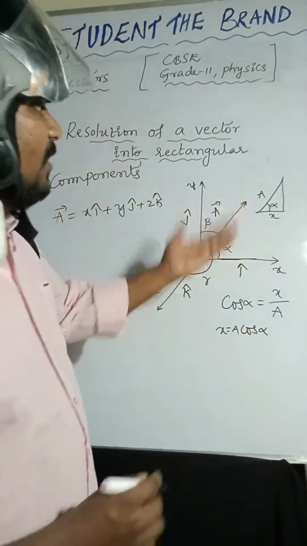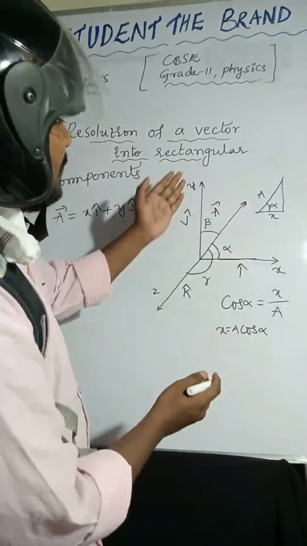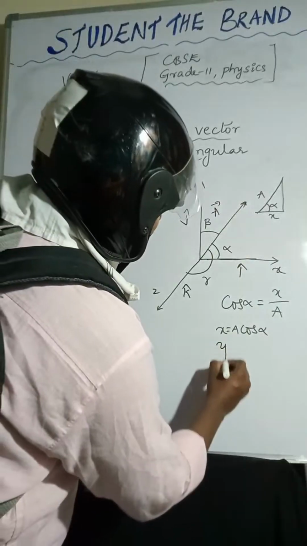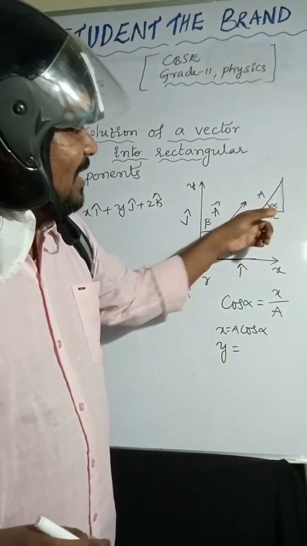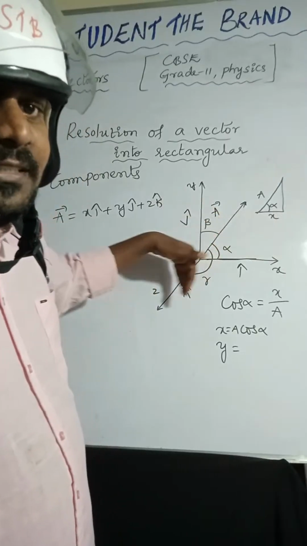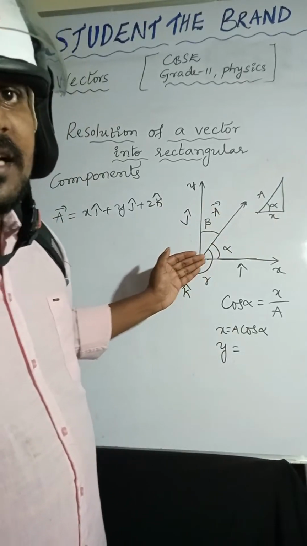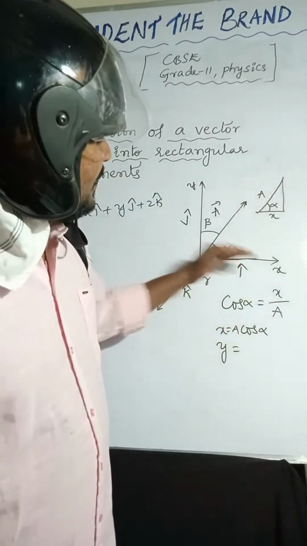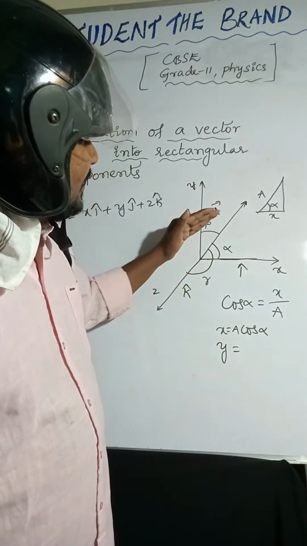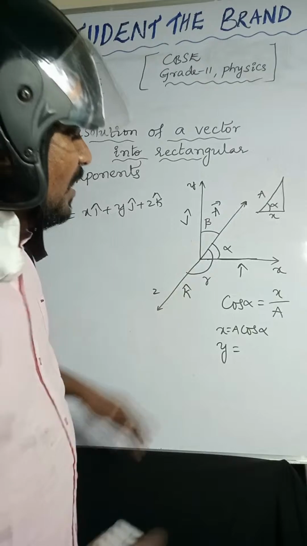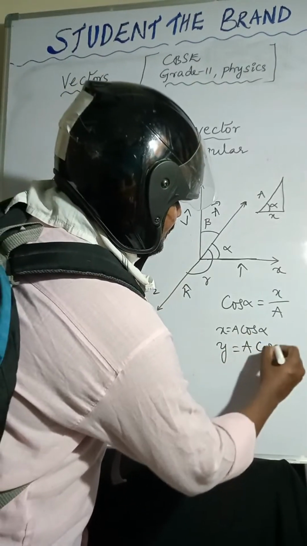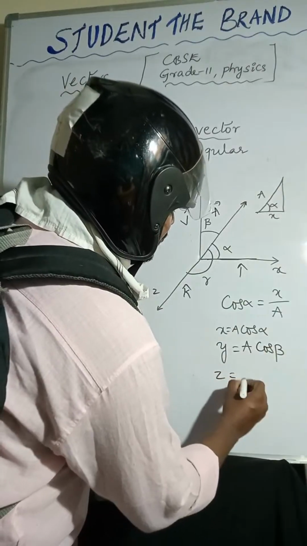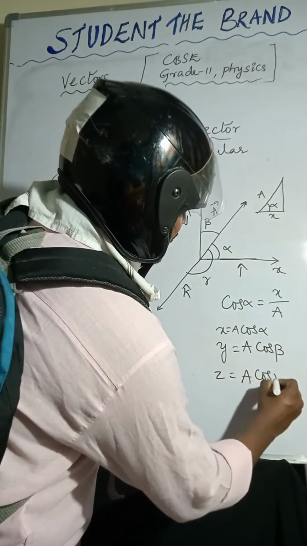Similarly y equals a cos beta, with x-axis alpha, y-axis beta, z-axis gamma. Understood? And z equals a cos gamma.